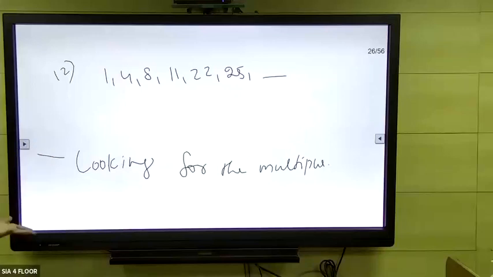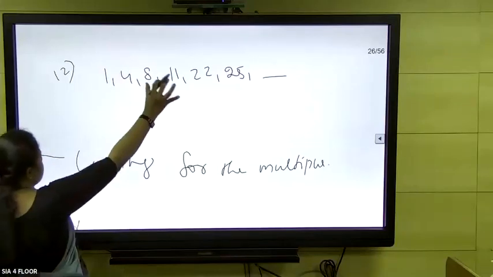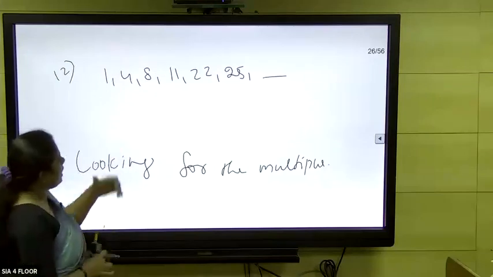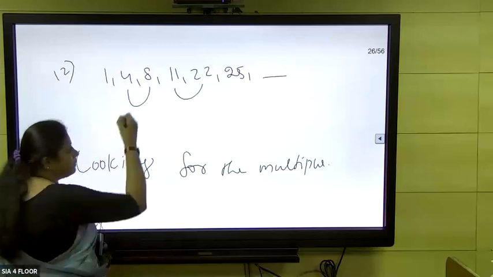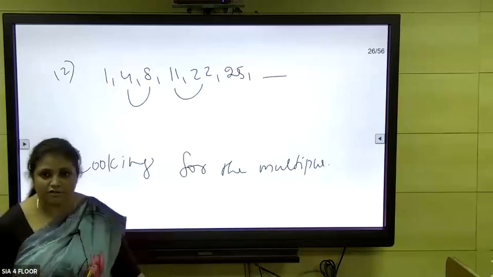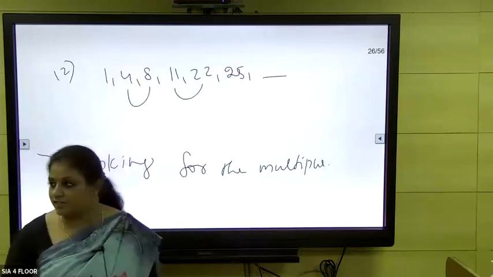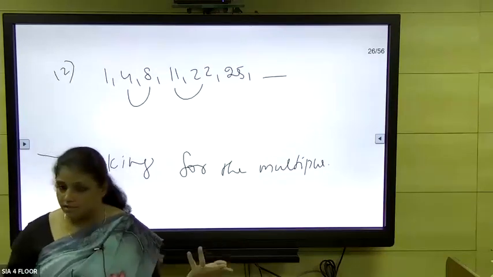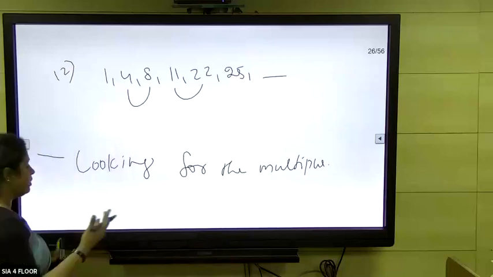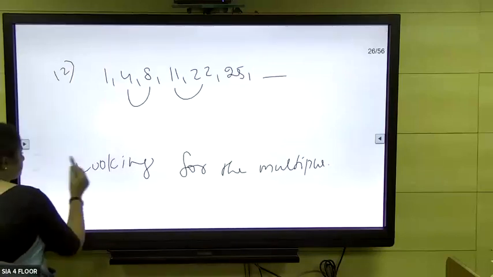Looking for the multiples is nothing but this. I can pair this up, correct, and I can pair this up, correct, because 8 is a multiple of 4, 22 is a multiple of 11. So I could pair numbers like this based on the divisors and the multiples.